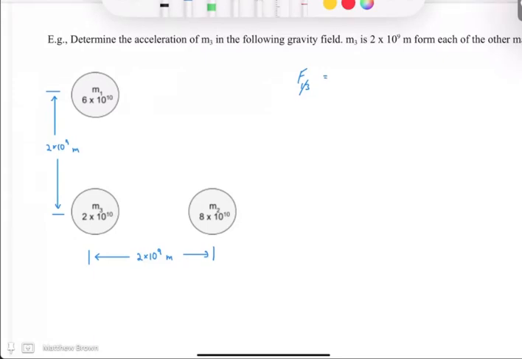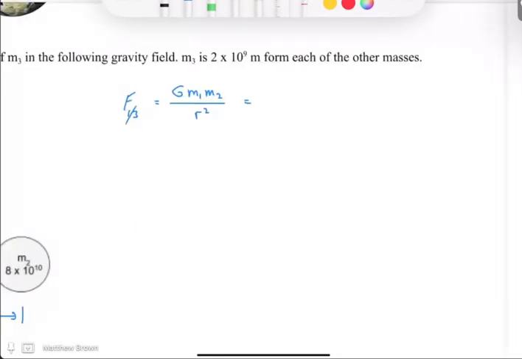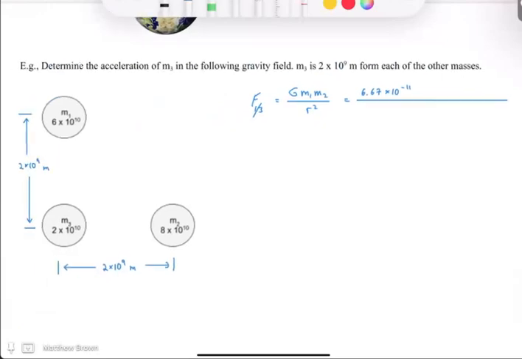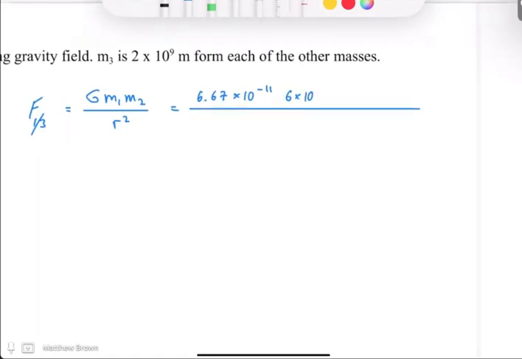And we know from gravity, that's just going to be G M1 M2 divided by R squared. And if we put in the numbers here, that's 6.67 times 10 to the negative 11, the two masses M1 and M3, 6 times 10 to the 10 and 2, and the distance, 2 times 10 to the 9, squared.